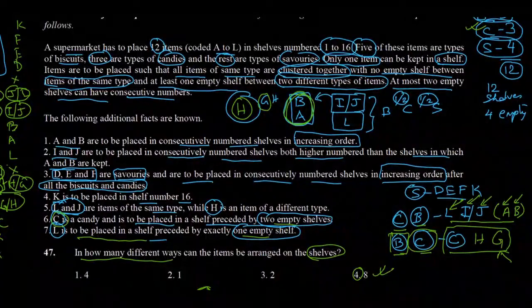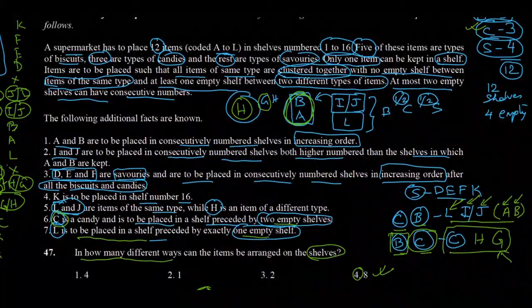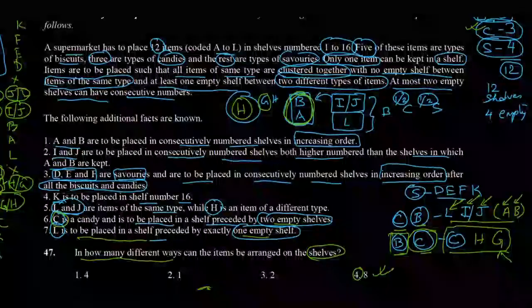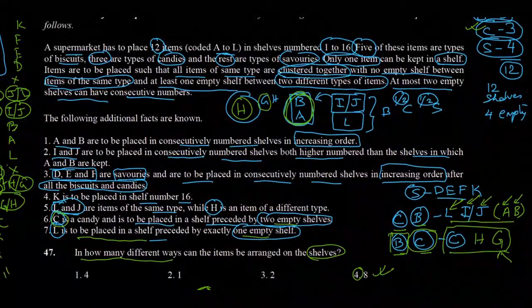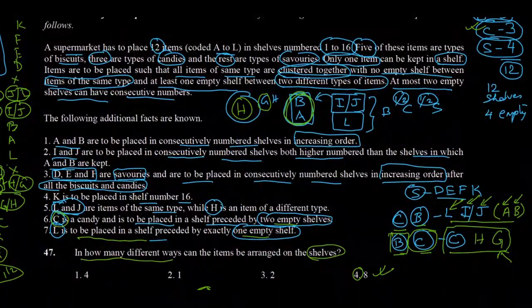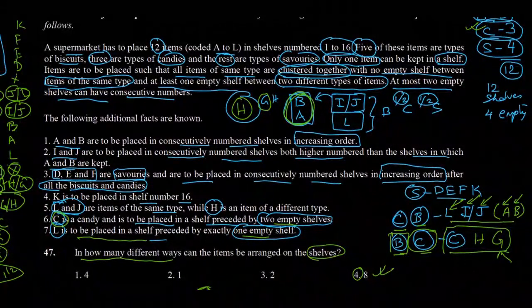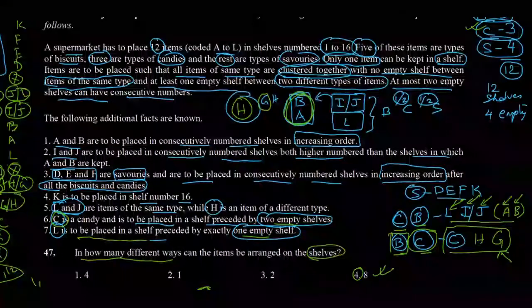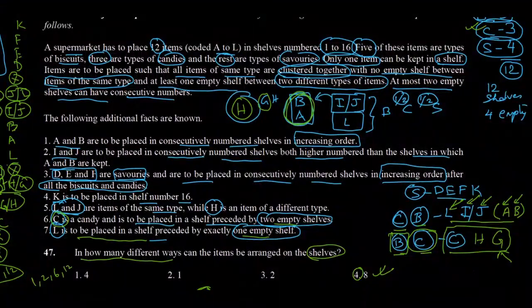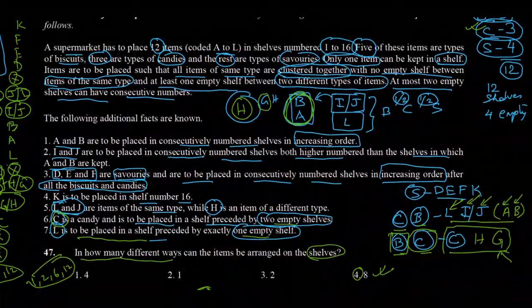So it is 1, and then 7, 8 and 12. So 1, 7, 8 and 12 is in case 1, and in case 2, 1, 2, 6 and 12. So 1, 2, 6 and 12 is the other combination that is possible.